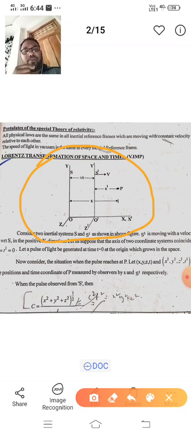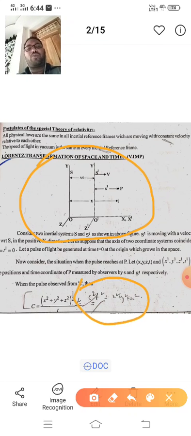The coordinates of a point P are x, y, z, t from S, and x dash, y dash, z dash, t dash from S dash. Next we can write here c square t square equals x square plus y square plus z square.